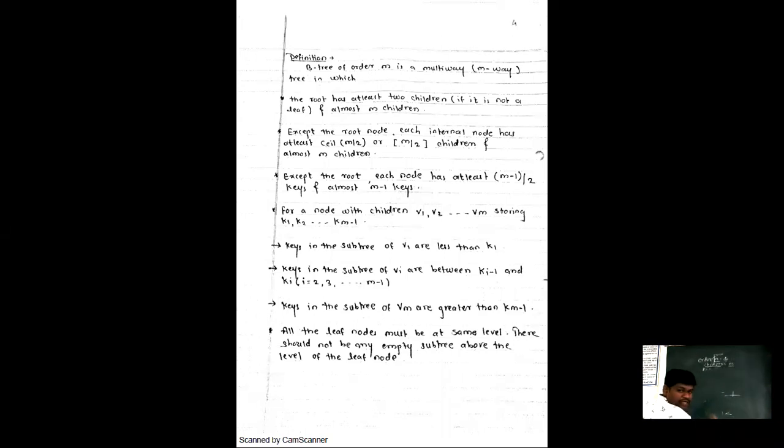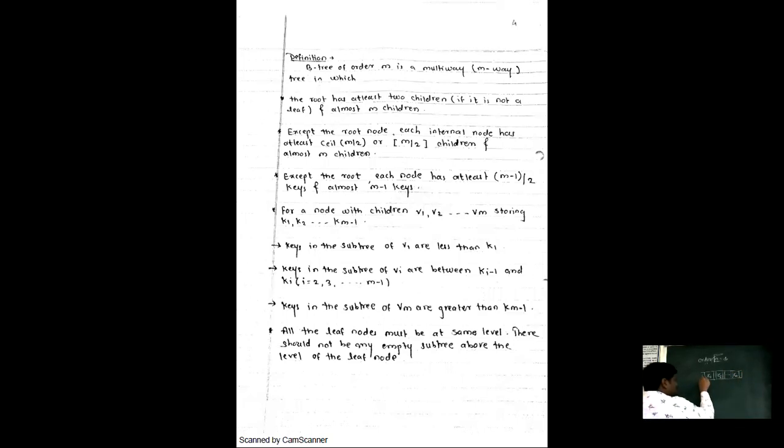So here I will draw one simple diagram. You can see in the camera. This is our root. Here is K1, after that K2, and dash dash dash, here is K m minus 1.